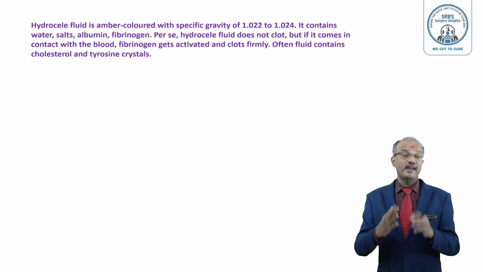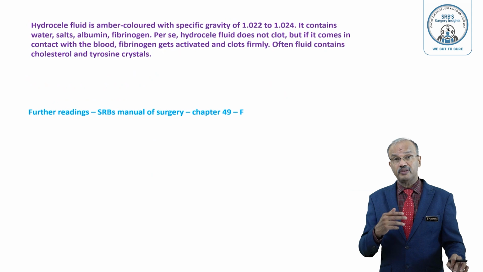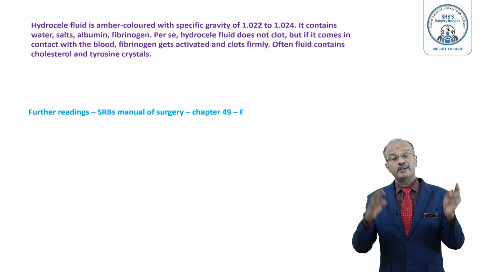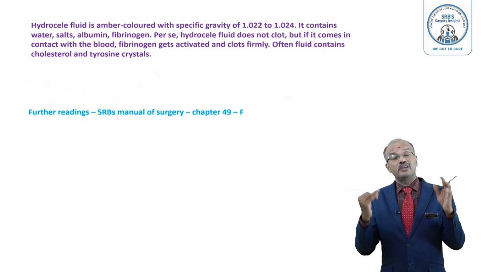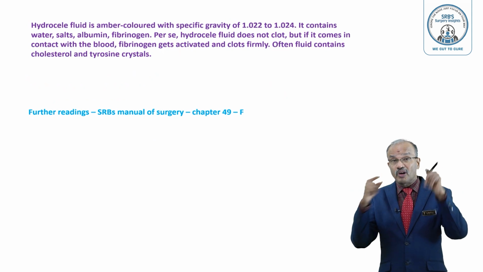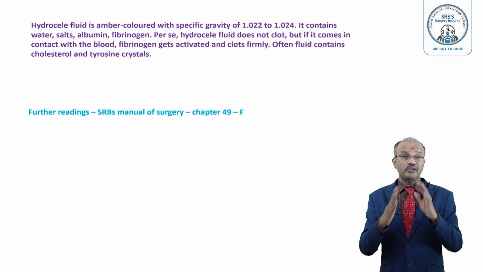You can always go through my manual of surgery, the hydrocele chapter and scrotal chapter. We can see different types: congenital hydrocele, infantile hydrocele, encysted hydrocele, bilocular hydrocele, hydrocele of the hernial sac. You should be able to draw the diagram because it's a common case kept in the exam. Hydrocele short case is usually kept in the exam.